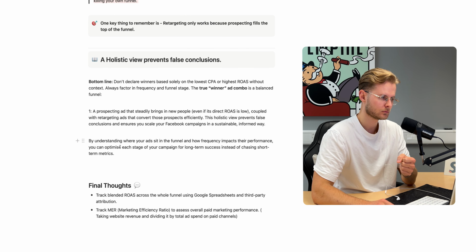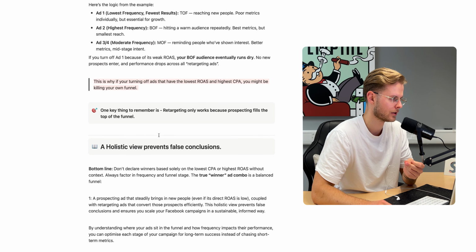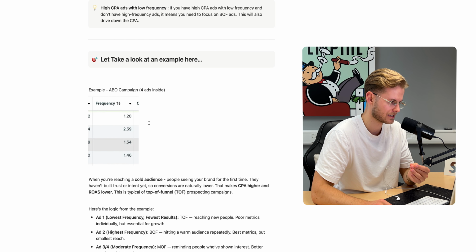So what a lot of you might be incurring when you run your ads is that, say for an example, you're running a campaign, and you may have a couple of ads inside that. Maybe 1 or 2 ads might be doing quite well, and you turn off that campaign at the top of funnel, which is driving the cold audiences into the other ads.